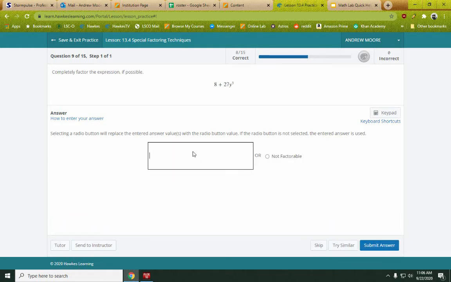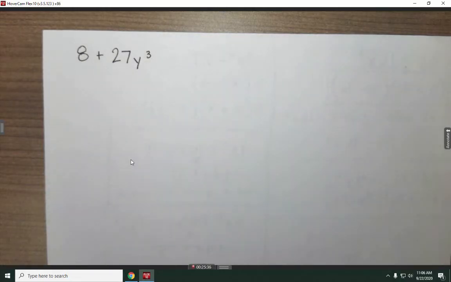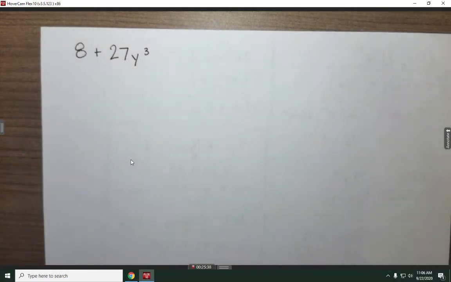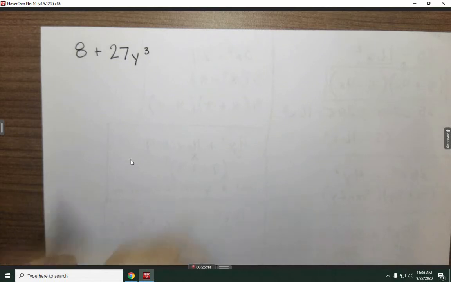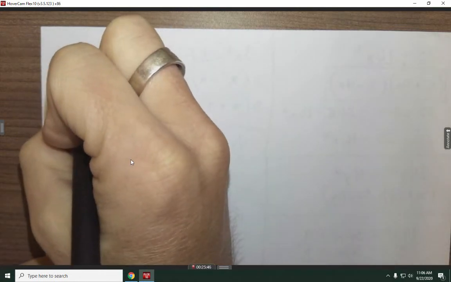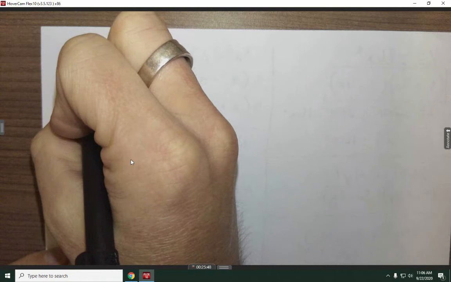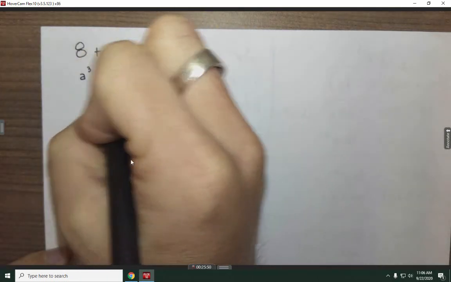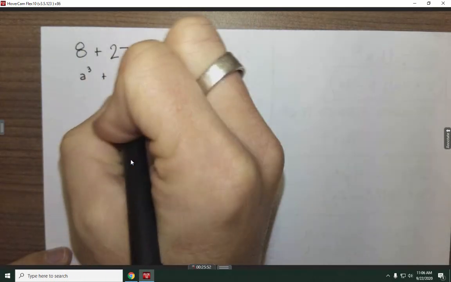All right, completely factor the expression, if possible, 8 plus 27y cubed. This one looks a little bit different than the ones we've been doing, and that's because these are perfect cubes now. When we're doing cubes, it follows this pattern. We have something that's being cubed here, and a different thing that's being cubed here.